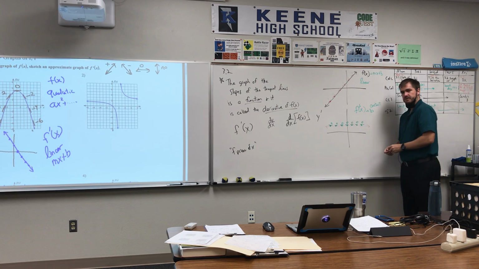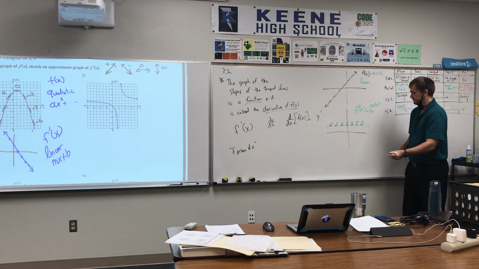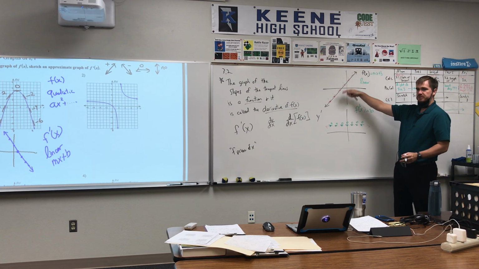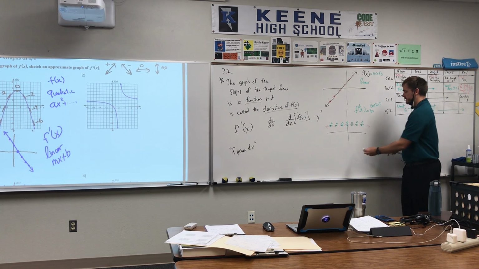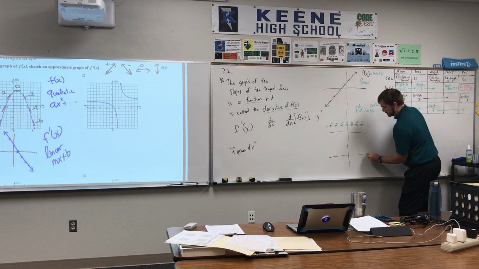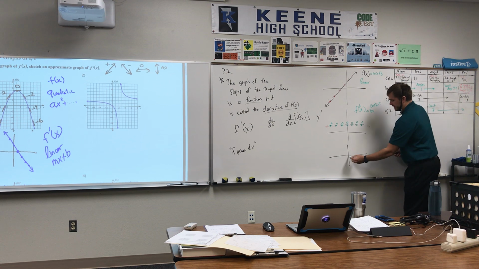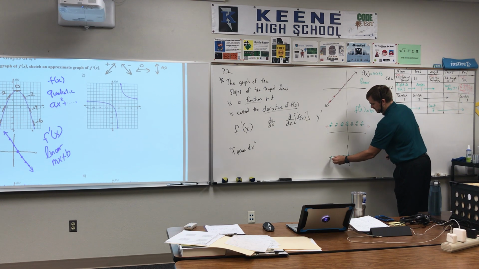Yeah, it's always 0. So it's the same kind of thing as you get from up here, only now it's always 0. So if I were to plot those, my up-down value would be 0, 0, 0, 0.